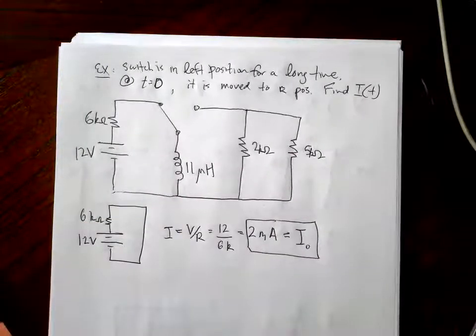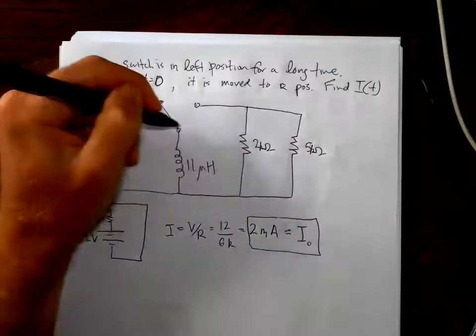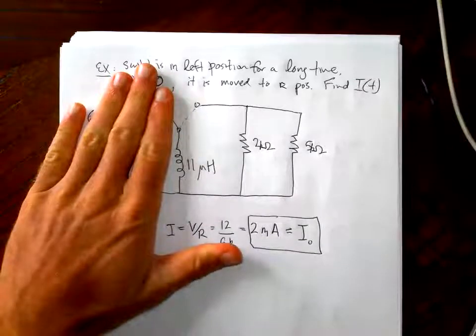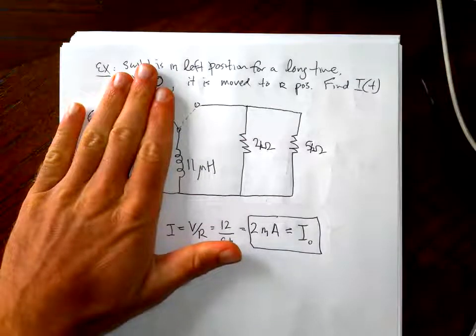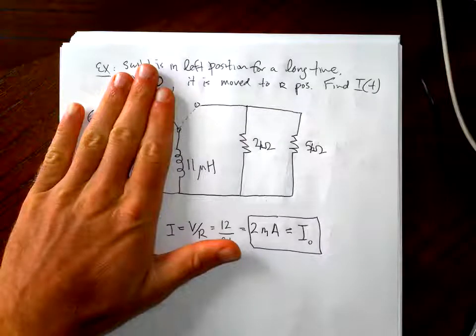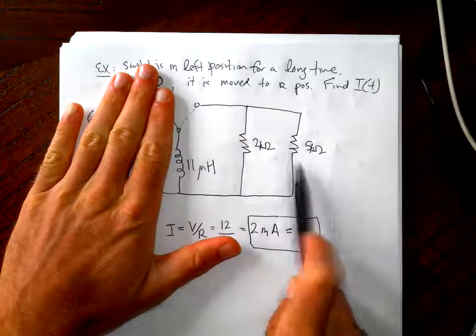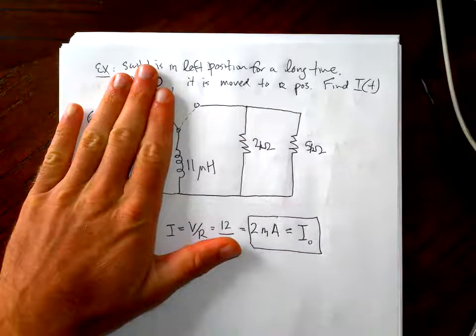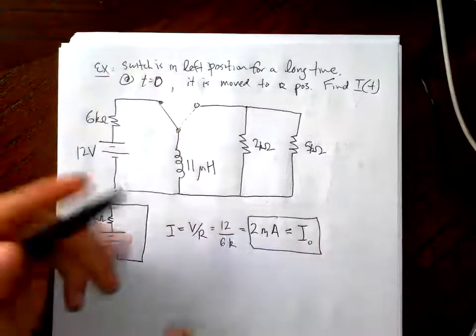Okay? Now let's think about our time constant. What about when the switch is in this position? We ignore the battery now. The battery is out of the picture. And we can see that the inductor is discharging through the parallel combination of the 2K and the 5K resistors.